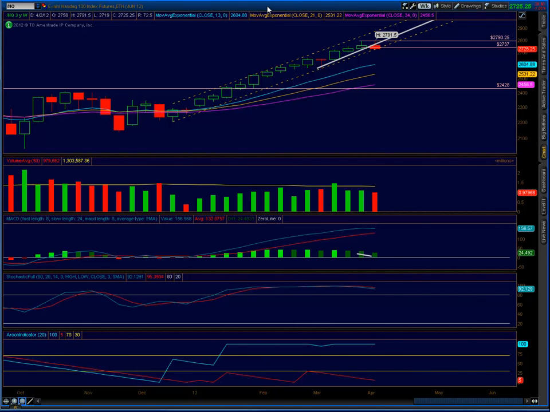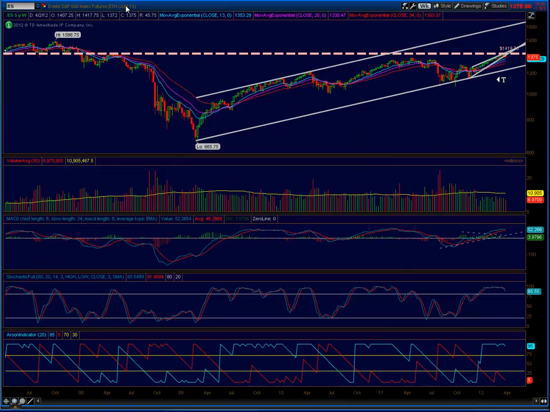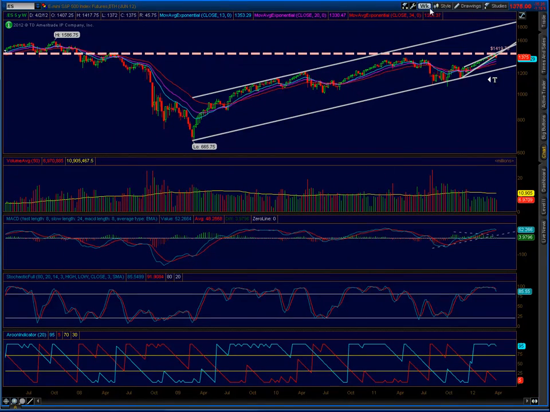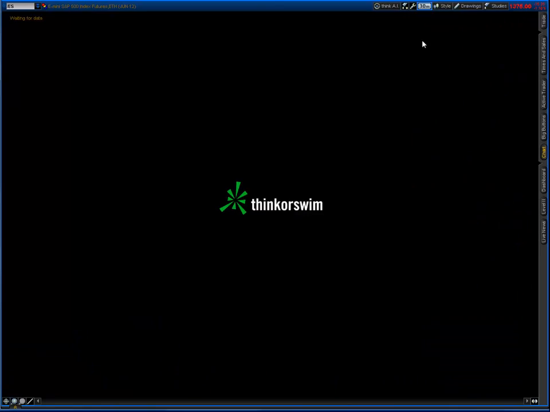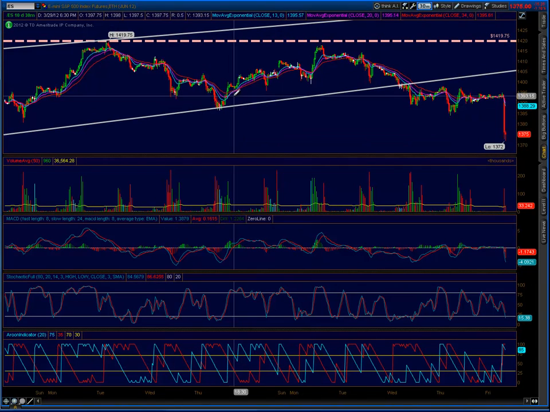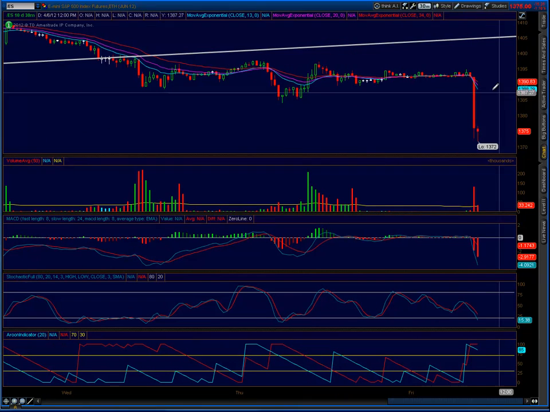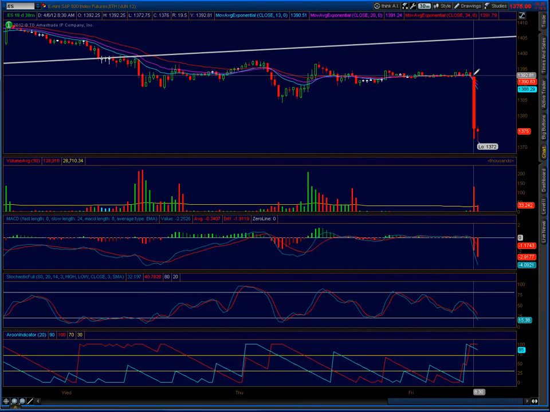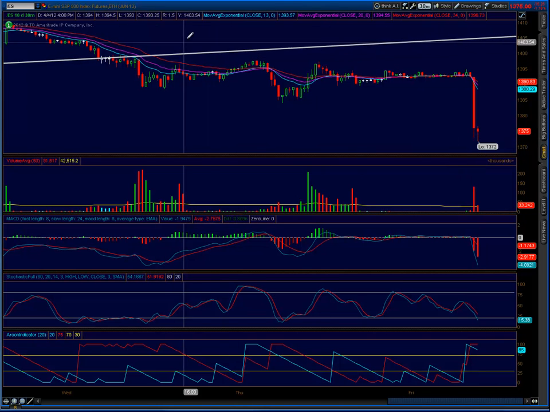So let's look at what happened to the S&P futures, and let's look at the 30-minute chart overnight, and then right at 8:30.